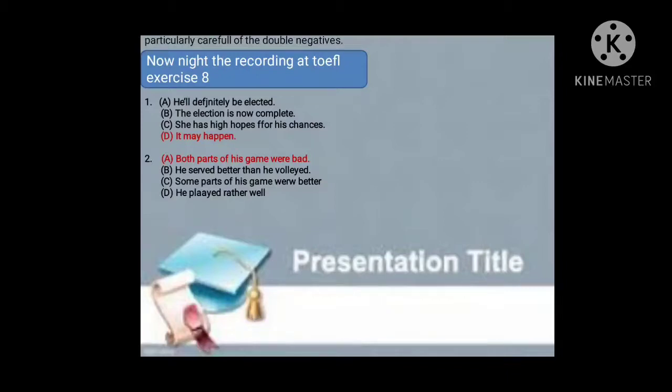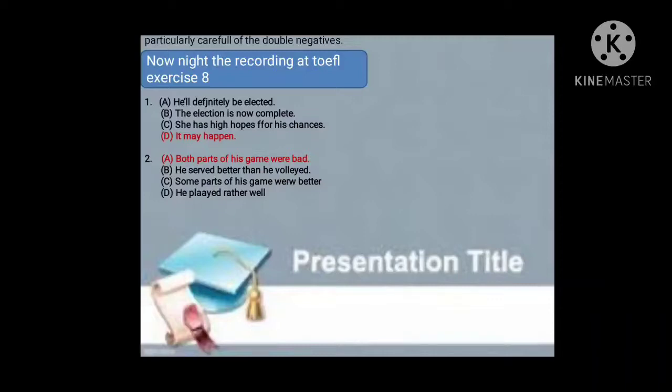Number 1. Do you think Ron Rogers will be elected? Well, it's not completely impossible. What does the woman imply about Ron? Number 2. How was your tennis match today?